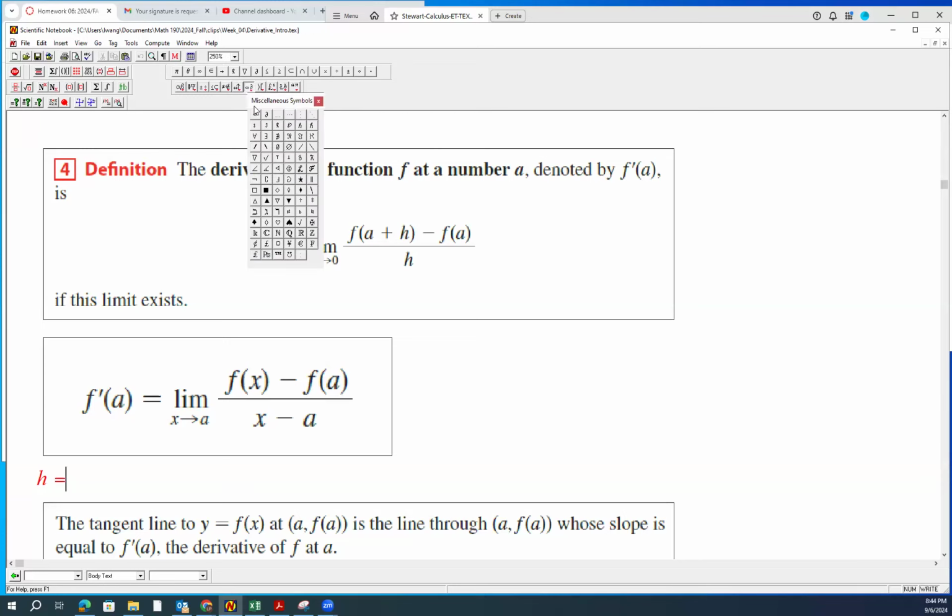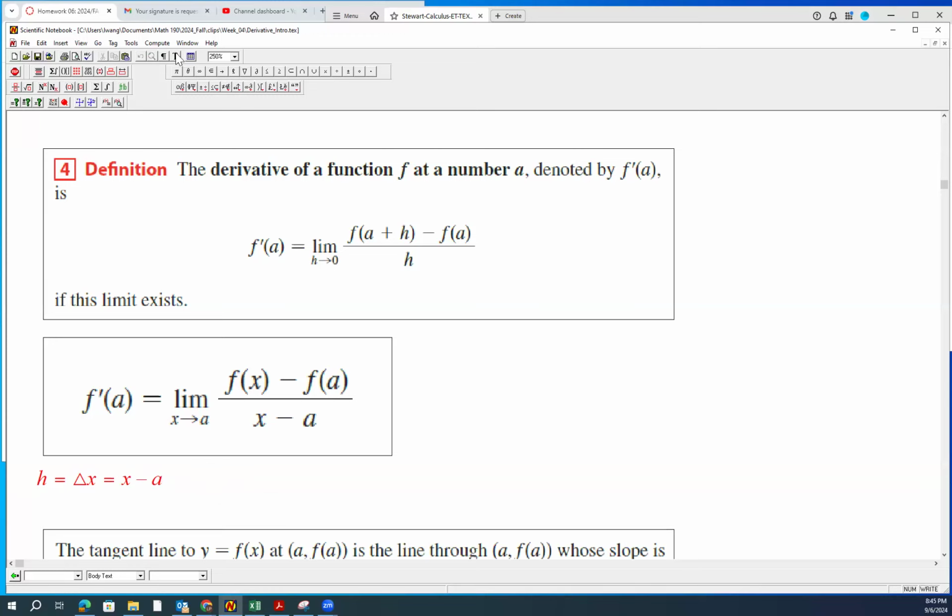I'm going to find that symbol; it's a triangle shape. Here, delta x. So h is sometimes used as delta x, which is x minus a. So we will have another version of this limit, which is f prime, if the limit exists.